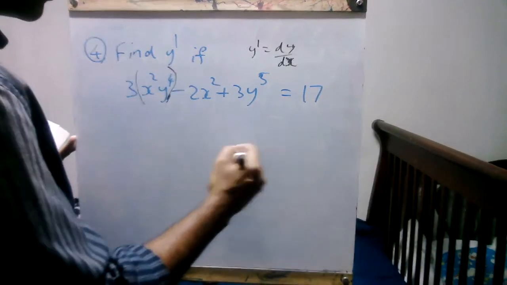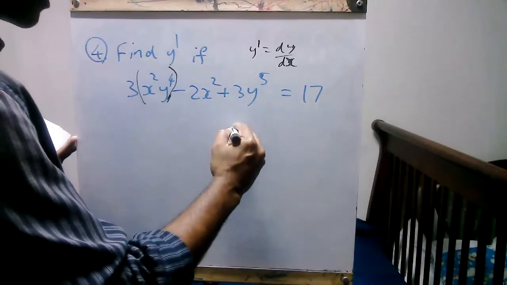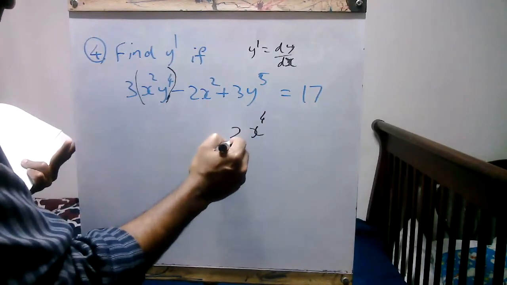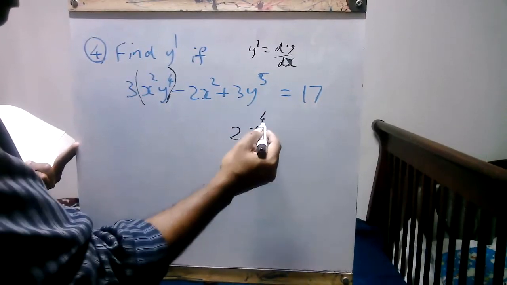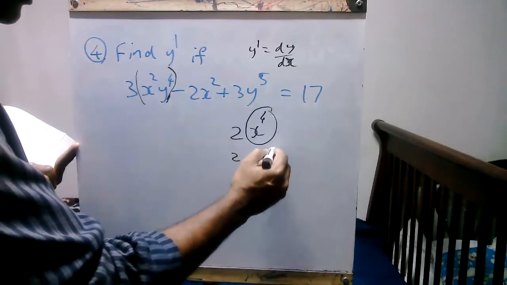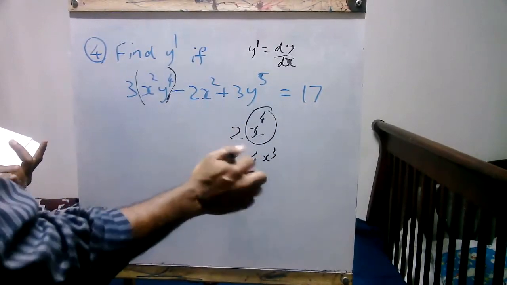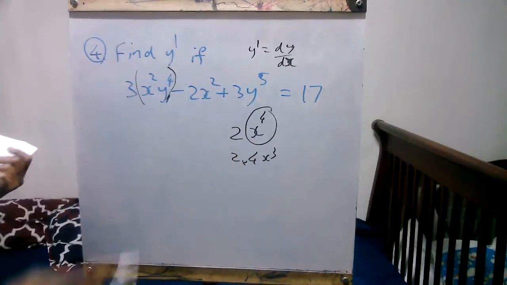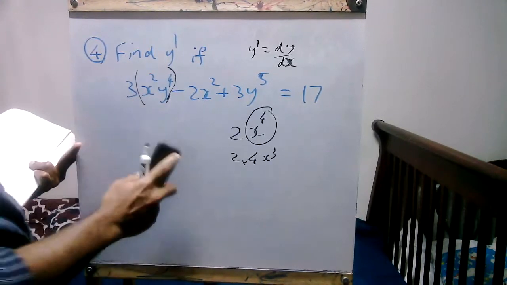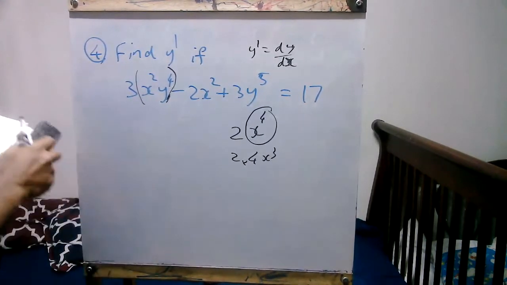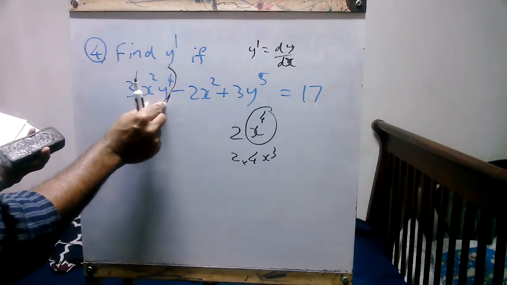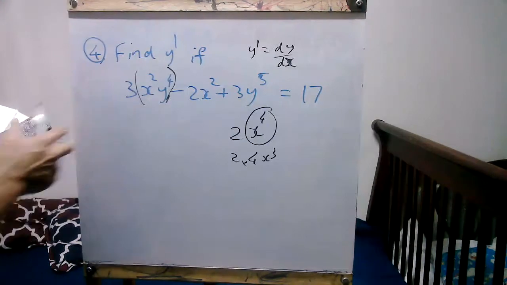Now look, when we have, I'm just writing something else, 2x to the power 4, no matter what, this 2 comes to the front, then we differentiate only this part, we get 4x cubed, right? So this 2 stays in front. So in this case 3 stays here in front, and we have to multiply that 3 with the derivative of x squared y to the power 4.